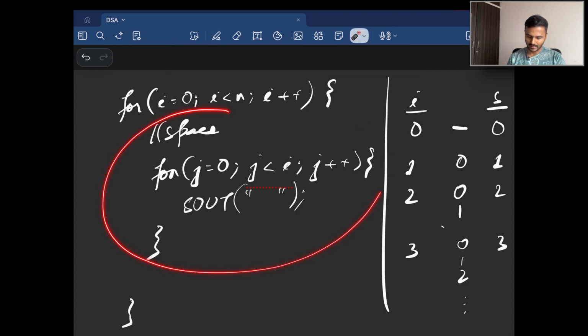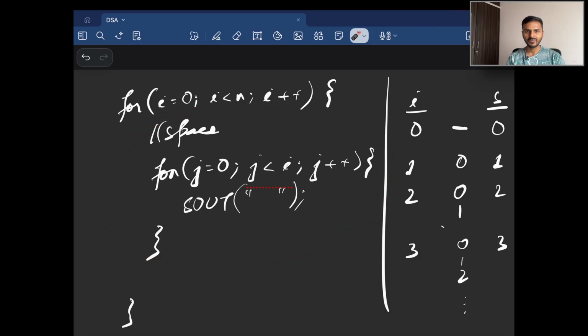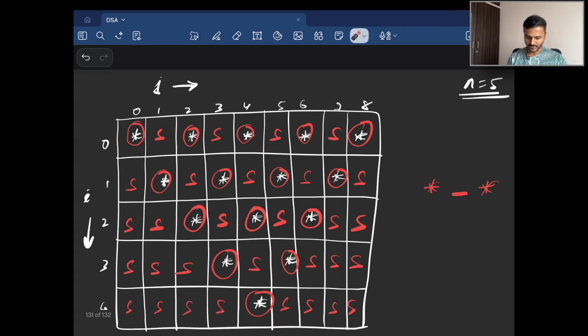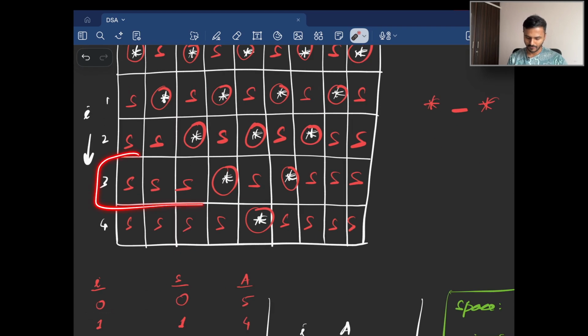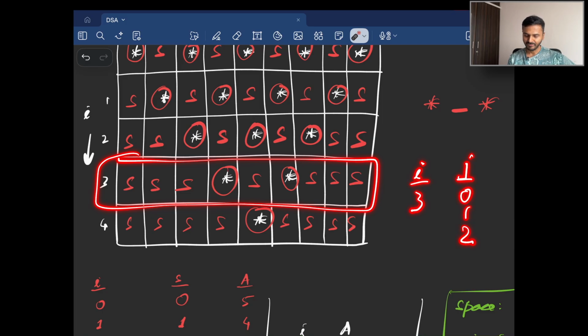So this loop will take care of the number of spaces that we have to print at the beginning of each row, right? Which means that if we take, let's say, the fourth row again, the value of I will be 3, which means j will go from 0 all the way up to 2. And in each iteration, we are printing a space. So it will print a space here, here, and here.